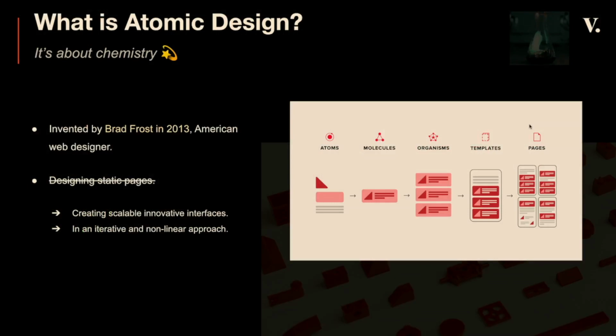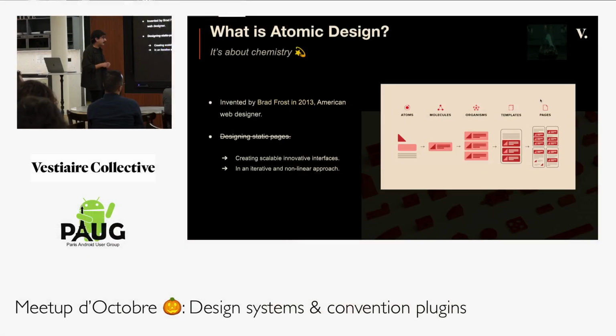So it is no longer a question of designing static pages like a book that remain frozen in time, but rather the trend is converging towards the creation of scalable and innovative interfaces. It is an iterative and non-linear approach. It is iterative because, as we can see here, it's starting from atoms going to pages, and it is non-linear because the atoms can be used anywhere in the tree.